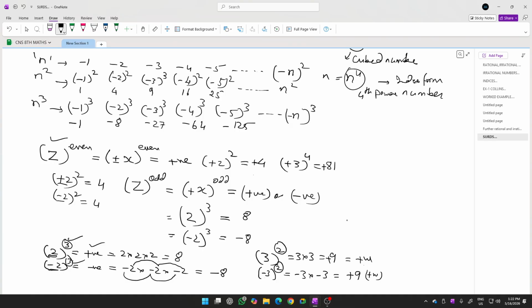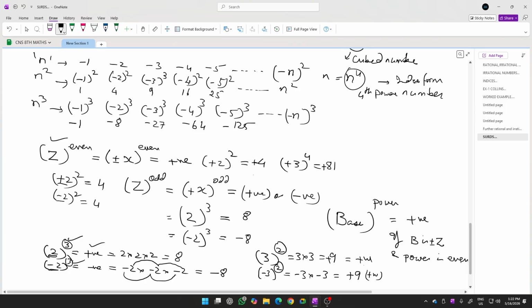So in general, base raised to power will be equal to positive, if base is integer, that means positive or negative, and power is even, right?